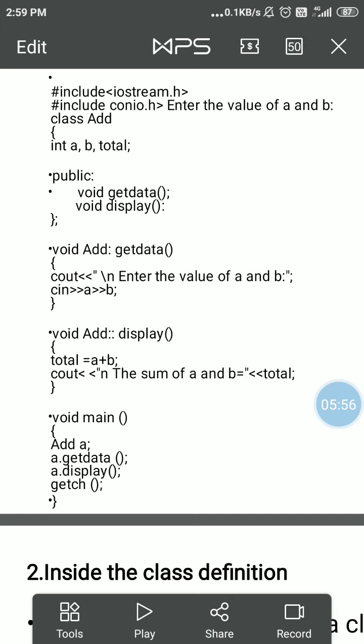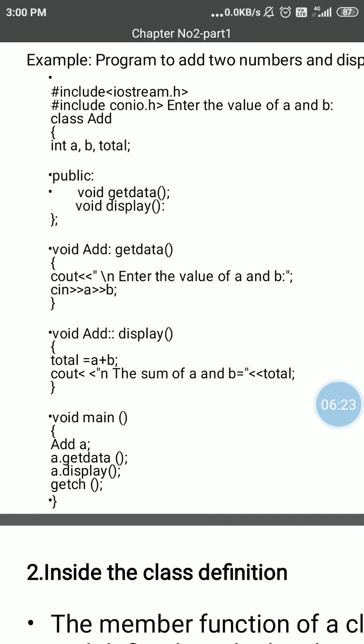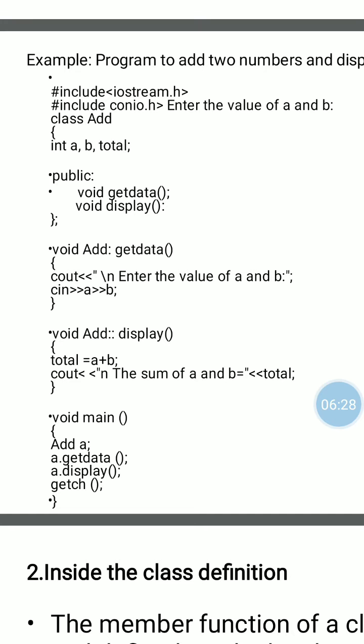We can't access those private data members directly anywhere outside the class, but we access this private member inside the function. So we access this private member inside the function, like using these variables inside the function. Here in the getdata function we take the input for a and b, and in the display function we use these three variables. First perform the addition of a and b and it is stored into the total variable.